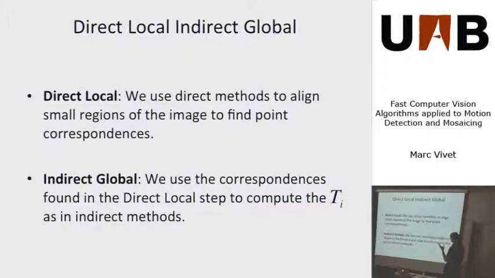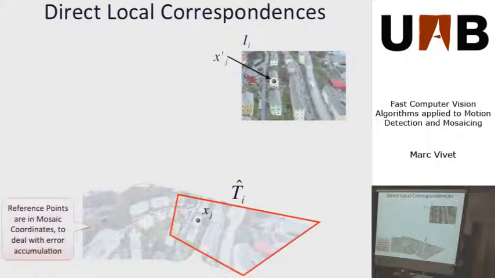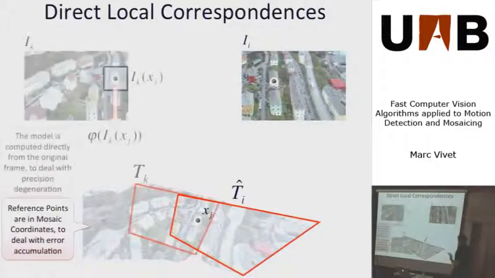Direct local because we use direct methods to align small regions of the image to find point correspondences, and indirect global because we use the correspondences found in the direct local step to compute the transformation like in indirect methods. The point correspondences that we use are from the mosaic to the frame in order to deal with the error accumulation problem. And we select the points of the mosaic that fit inside the frame using a T-hat that is an initial guess, which can be the previous aligned frame.